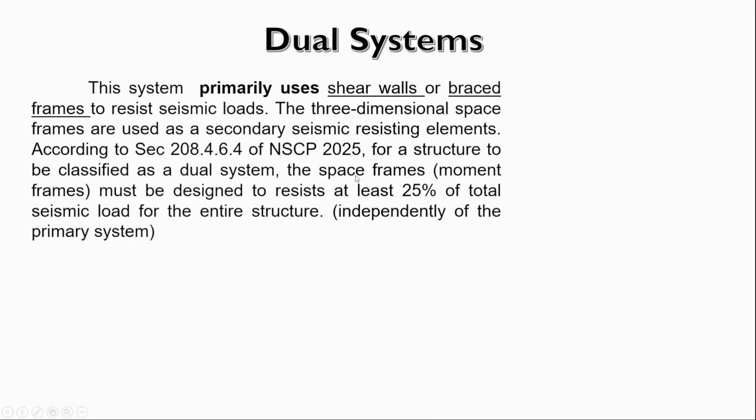The moment resisting frames, the space frames, are just secondary seismic resisting elements. So before we can consider the structure as a dual system, the space frame or the moment frames must resist at least 25%.